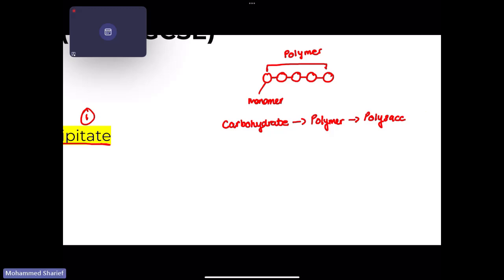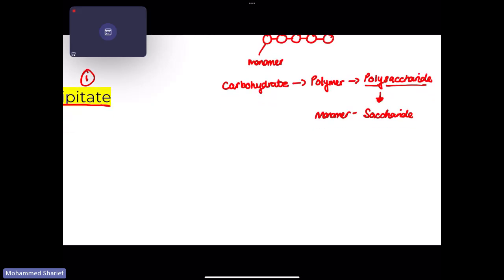Okay, now because saccharide has poly in front of it, that must mean each individual monomer is a saccharide. And we looked at carbohydrates, we looked at different examples. We looked at starch, cellulose, and glycogen.